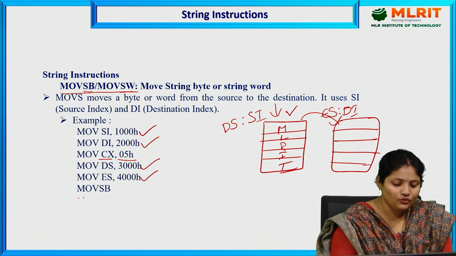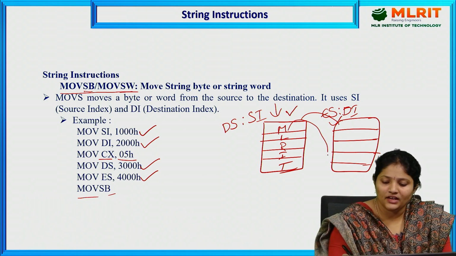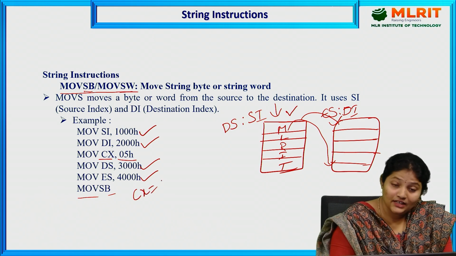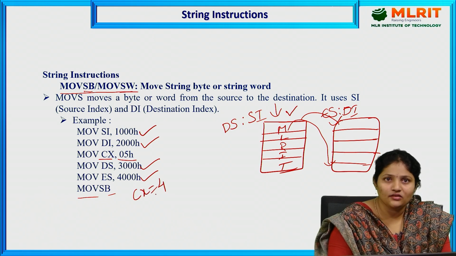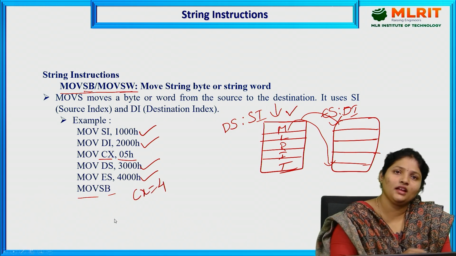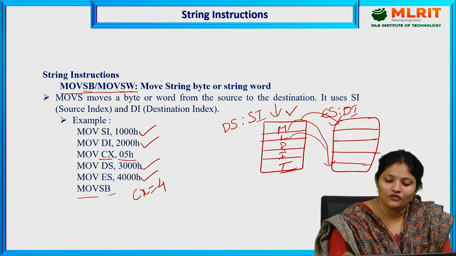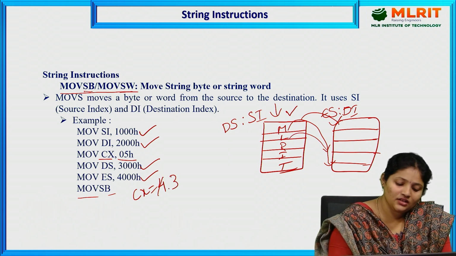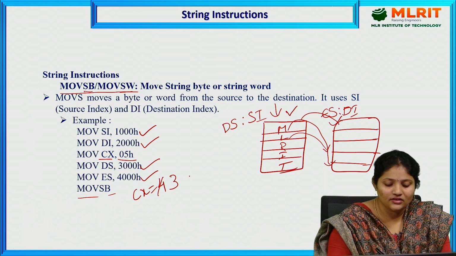Coming to MOVSB, first M will get stored. Next the CX register will get decremented, and when the CX register is not 0, only then will the loop be executed again. M will go, L will follow. Again the CX register will get decremented until it is 0.